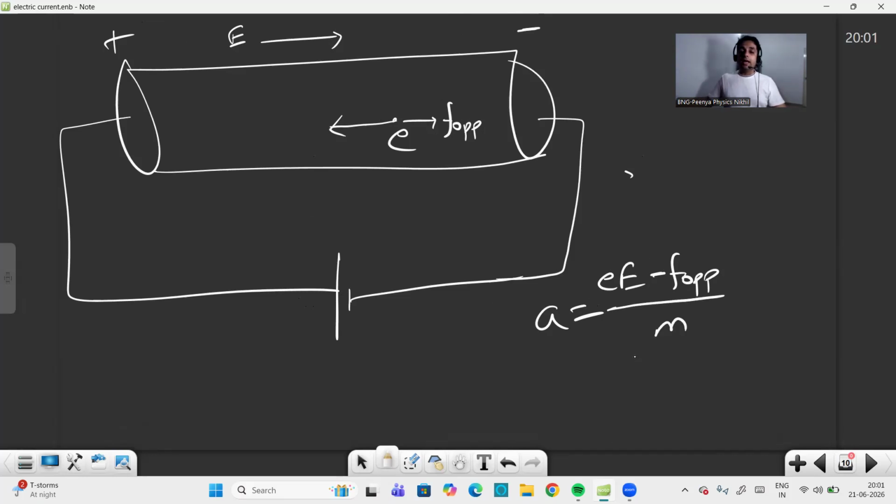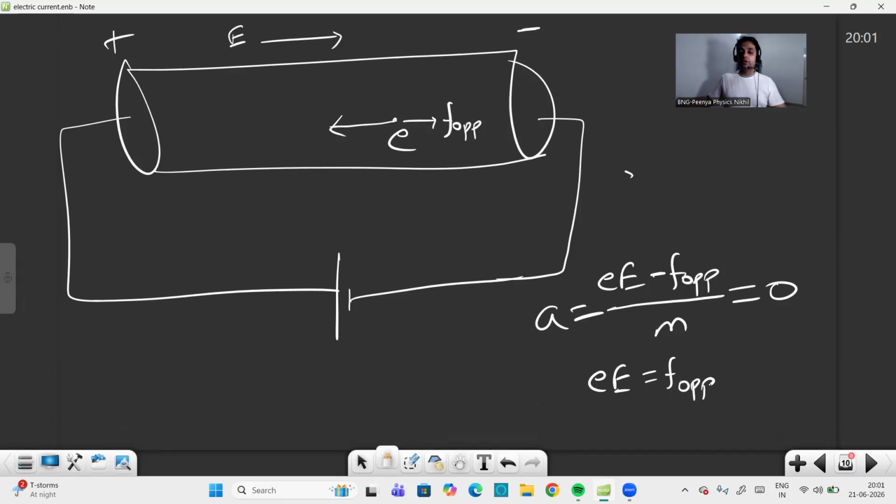Because we consider a constant drift velocity, we take the acceleration to be almost 0. So eE equals F opposition.